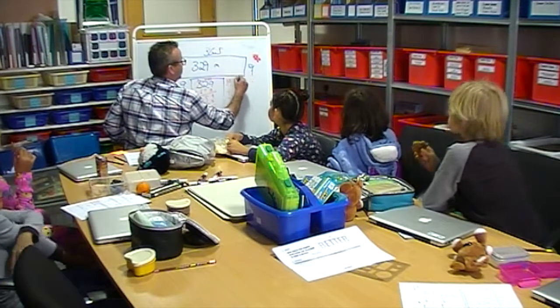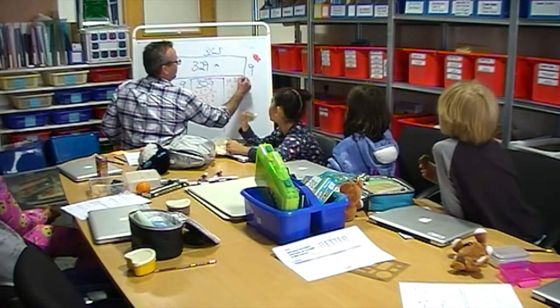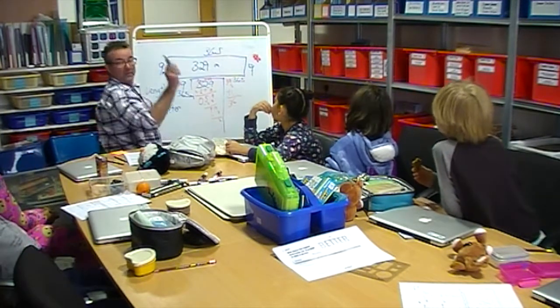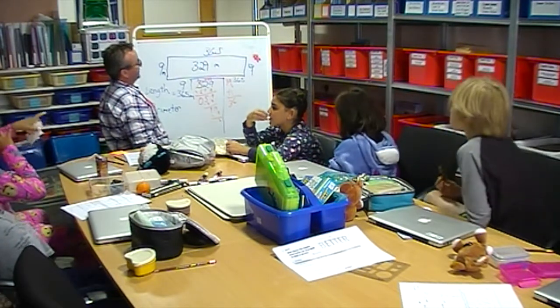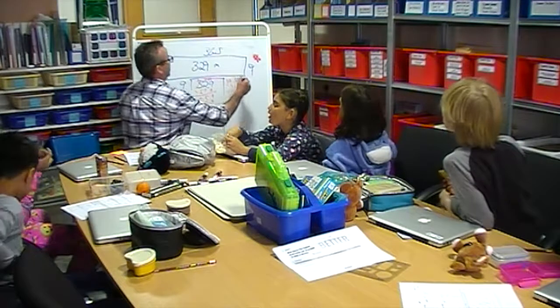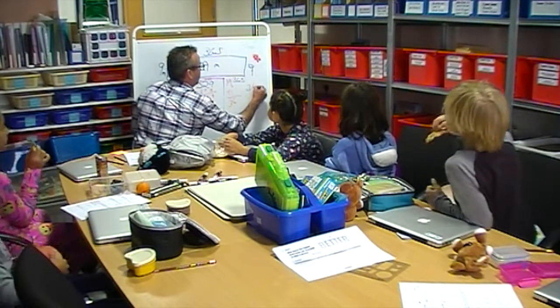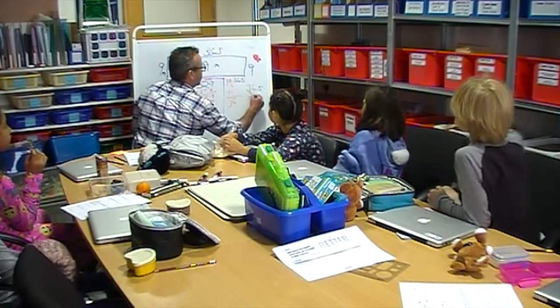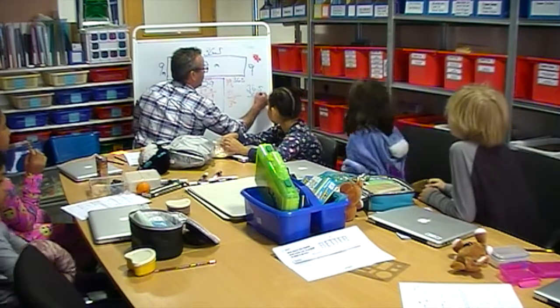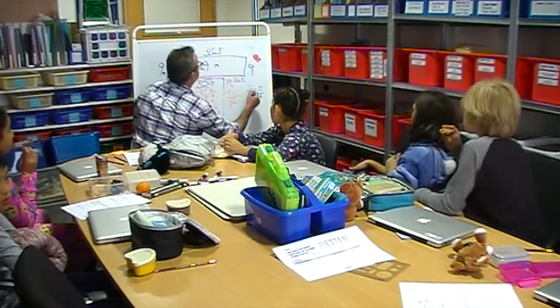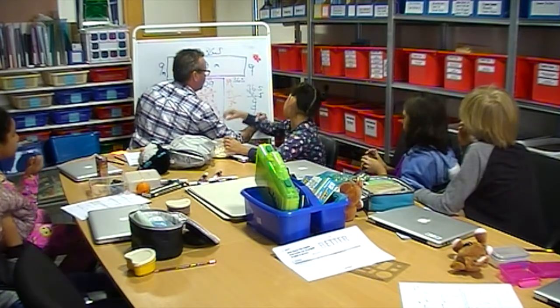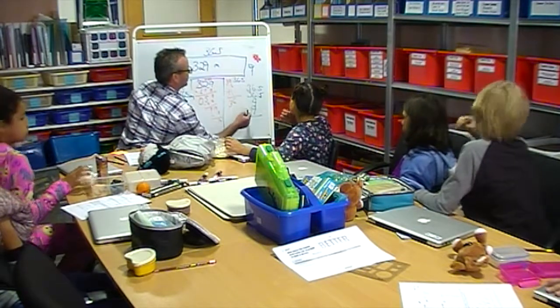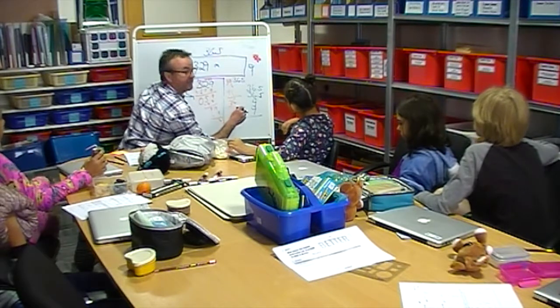Perimeter. Who can tell me what we need to do? Hannah. Add all the sides. Okay, so we would have 36.5, 36.5, and a 9 and a 9. 36 plus 36 equals 72.